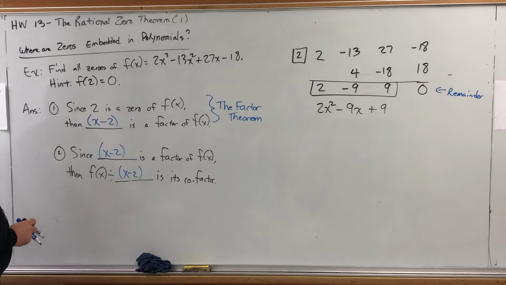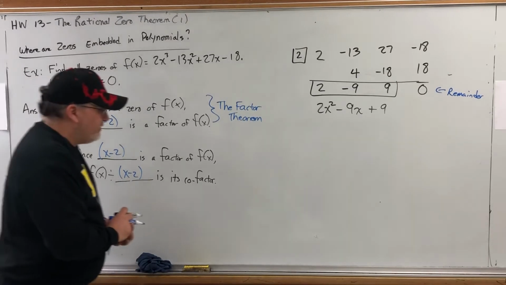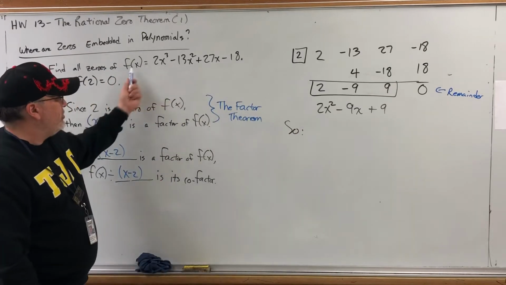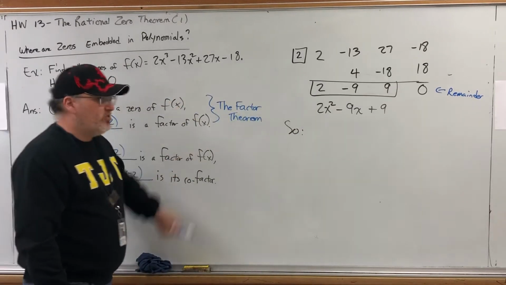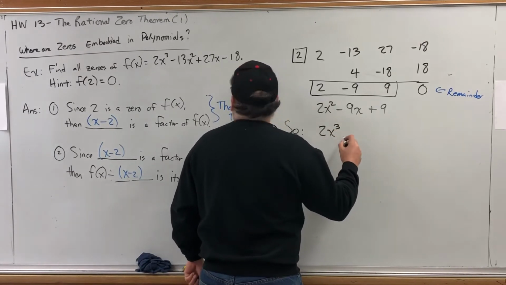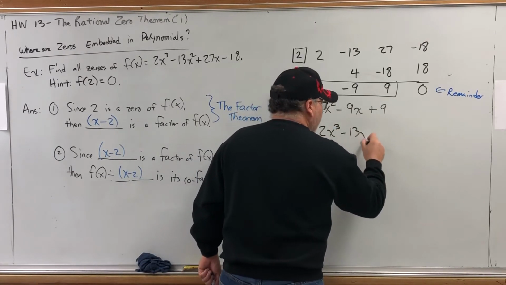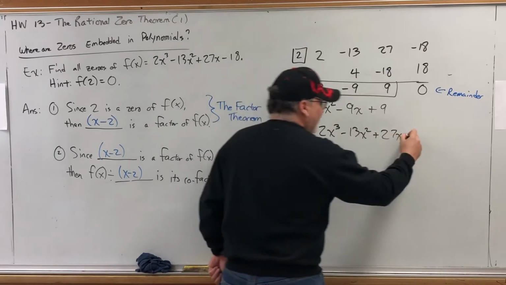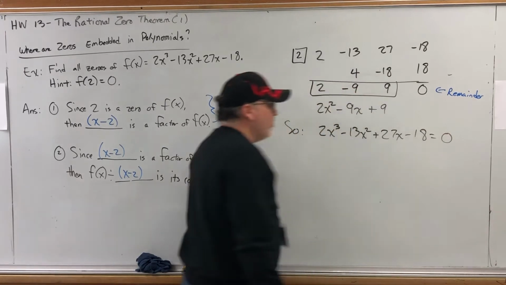So what does this get us? Let's go back to the original question. We're trying to find the zeros of this function, which means we're trying to solve this thing equal to 0. The original polynomial was 2x to the third power minus 13x to the second power plus 27x minus 18 is equal to 0.